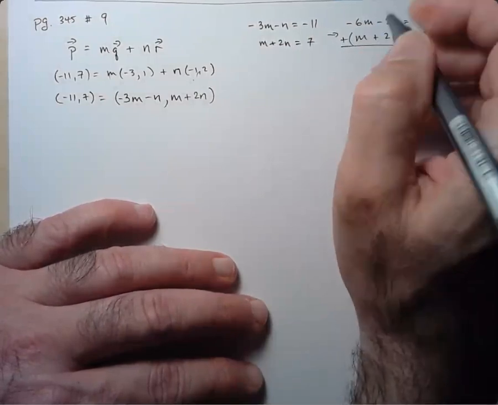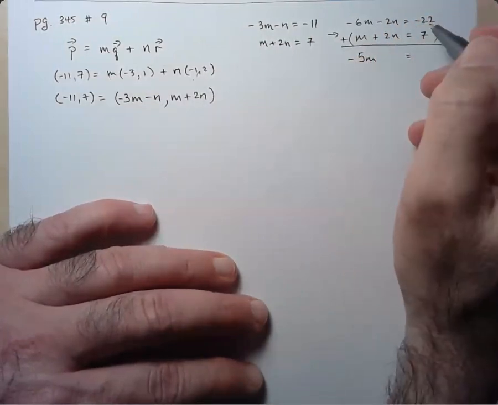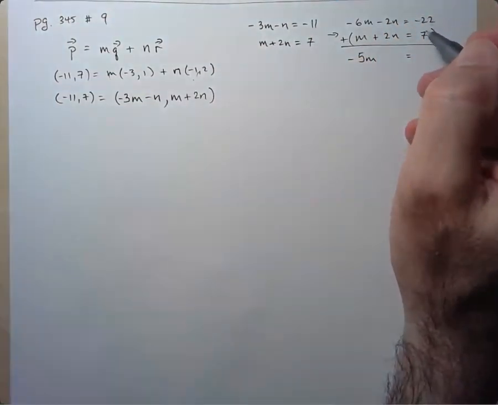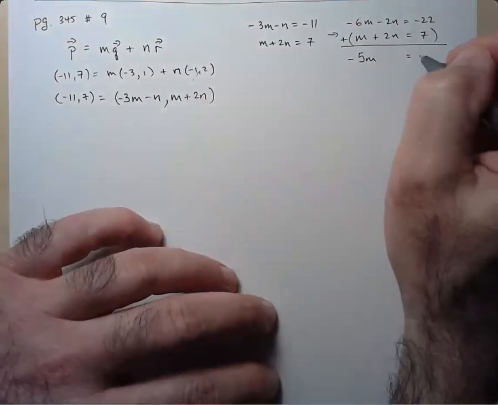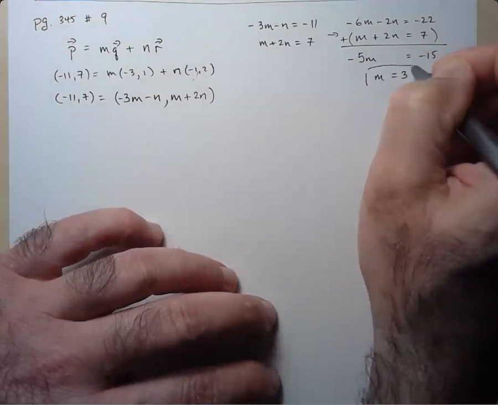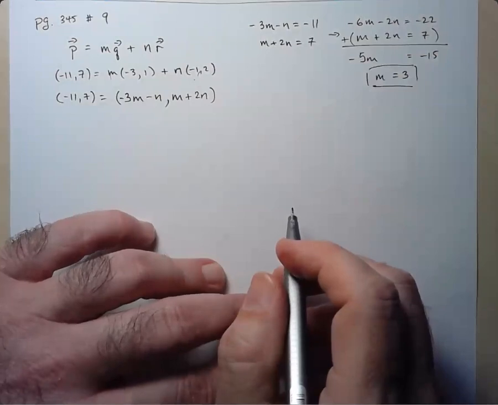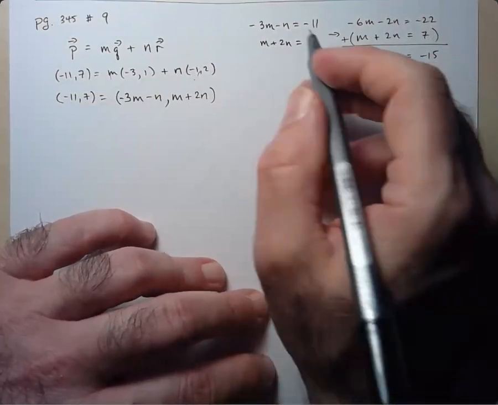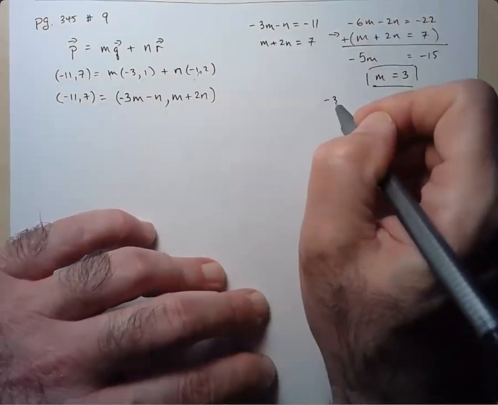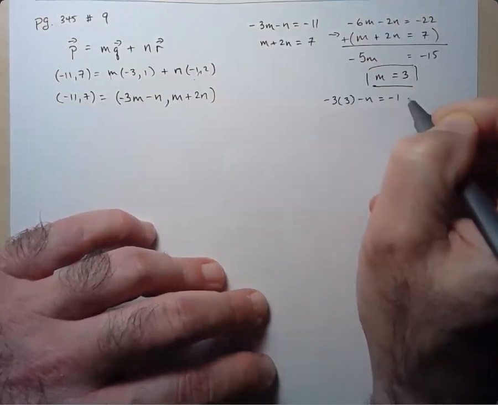So -6 plus 1, -5m is equal to -22 plus 7, I guess, is going to be -15. And so m is equal to 3. Okay. And then we are going to look for n. So I'll use that one up there. So -3 times 3 minus n equals -11.